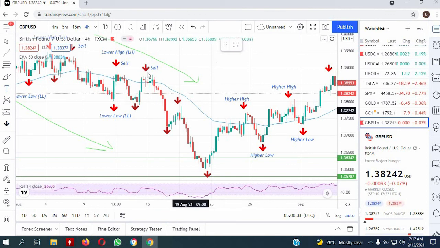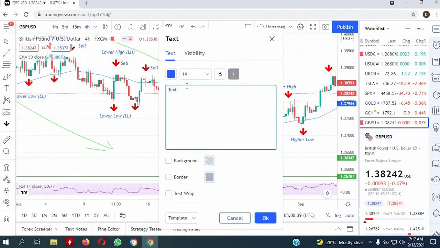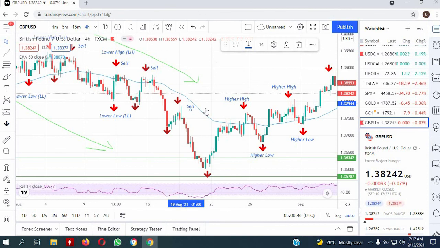So that is how strong the sell trend became right here. We have a sell right here. Sometimes if you don't know what to expect, you'll end up missing some of these entries.